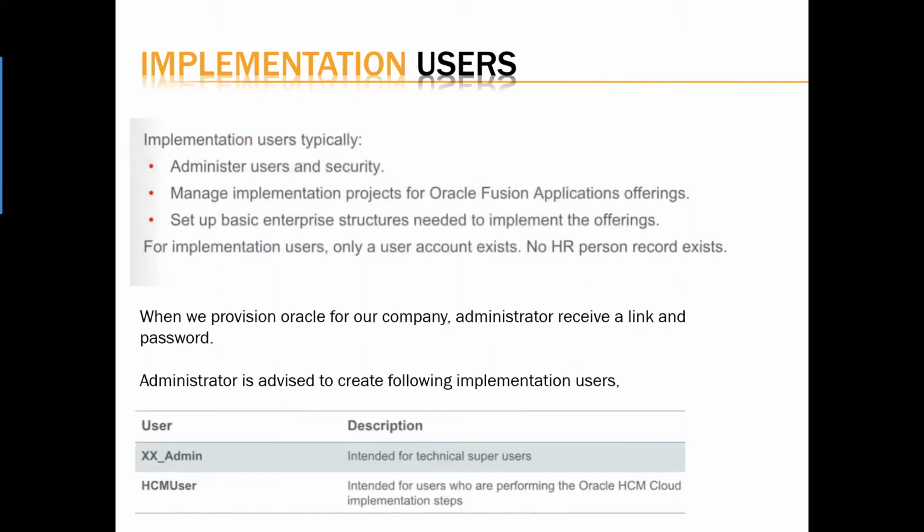Okay, once the service administrator got the link, what's the next step? Our company will think, shall we do the implementation by ourselves, or shall we engage an implementation partner, a consultant or some other third party, to do the implementation for us?